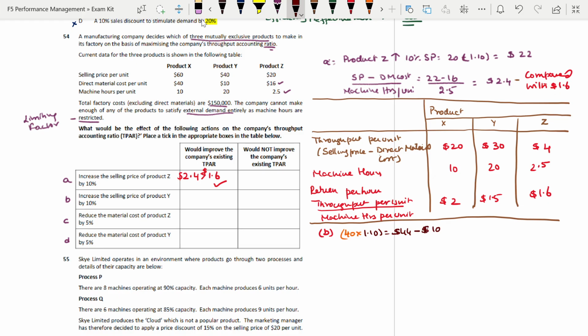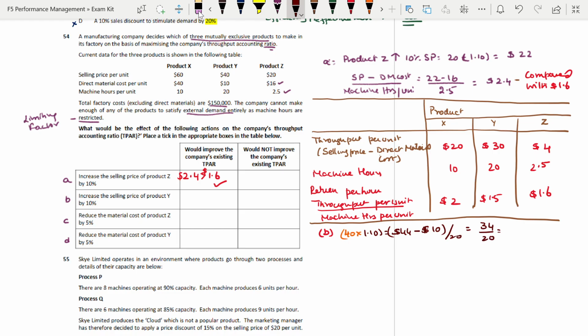So 44 minus 10 is 34, divided by the machine hours per unit, 20.